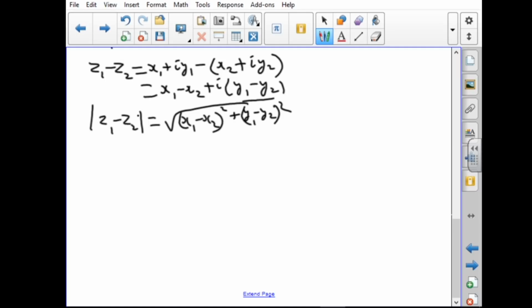So the distance between two complex numbers can be found by using this formula.